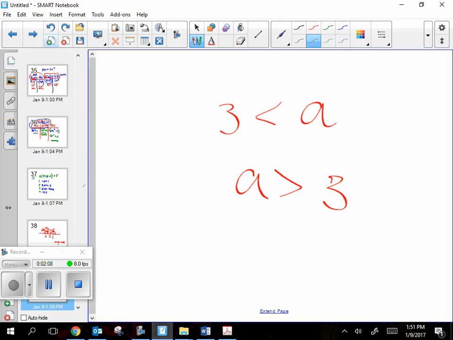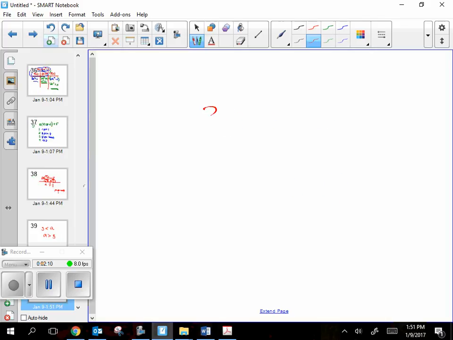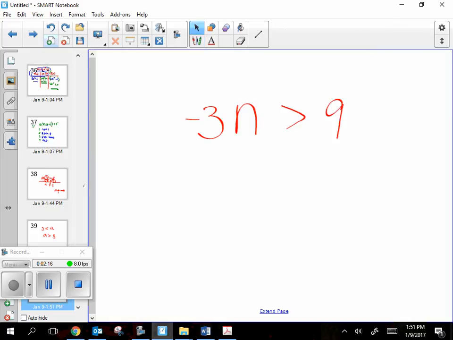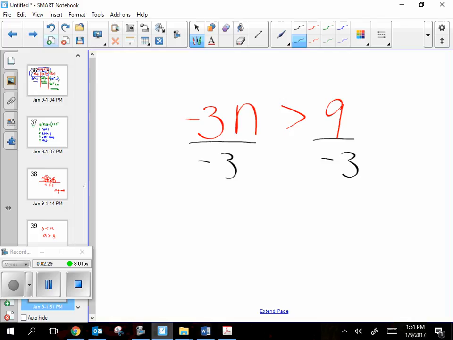All right. Next, here's a typical question from yesterday, and let's see if anybody remembers what happens when we divide both sides. Change sign. Dividing by what? A negative. And if we divide by negative 3, that does something special.